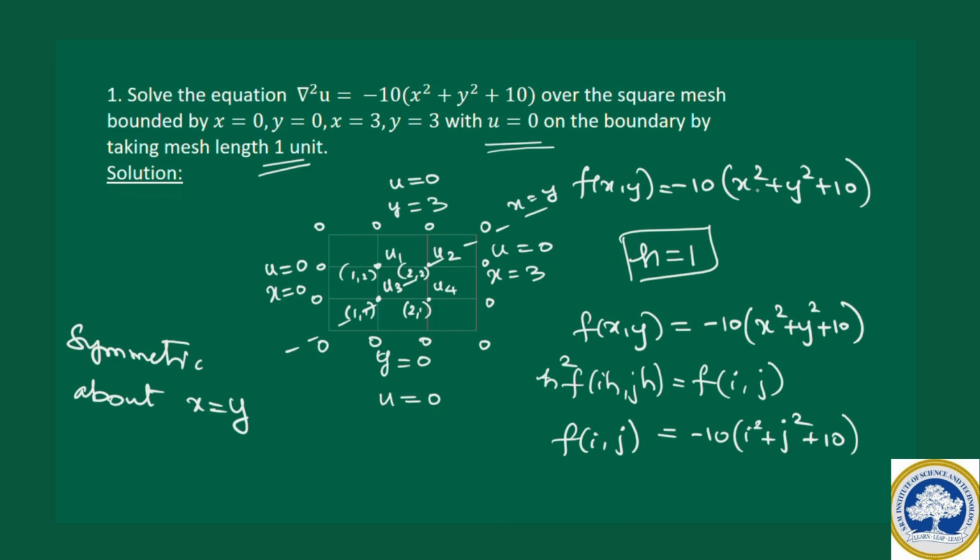Because if you interchange x and y, there is no change in the function value. So we can say that it is symmetric about x equal to y. Since this is the line x equal to y, u1 and u4 coincide. So we can consider u1 and u4 are equal. So out of the four values, it is enough to find u1, u2 and u3 alone.